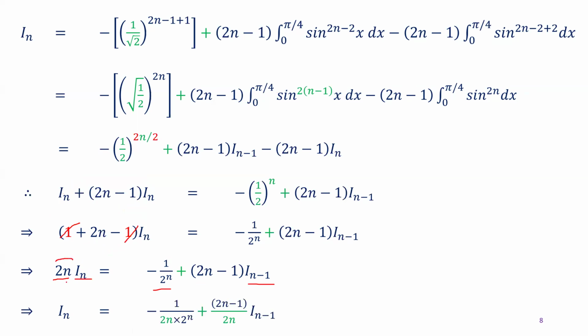Let us divide the whole equation by 2n. Then I_n is equal to minus 1 upon 2n into 2 to the power n plus (2n minus 1) upon 2n into I_(n minus 1).